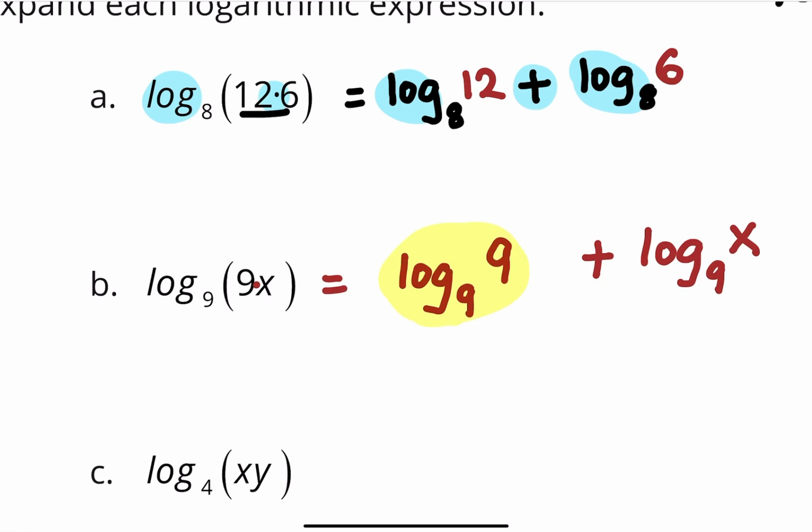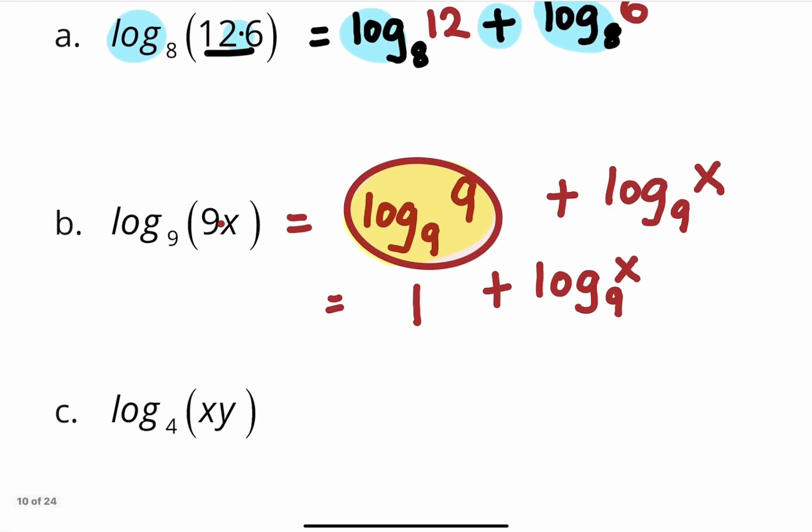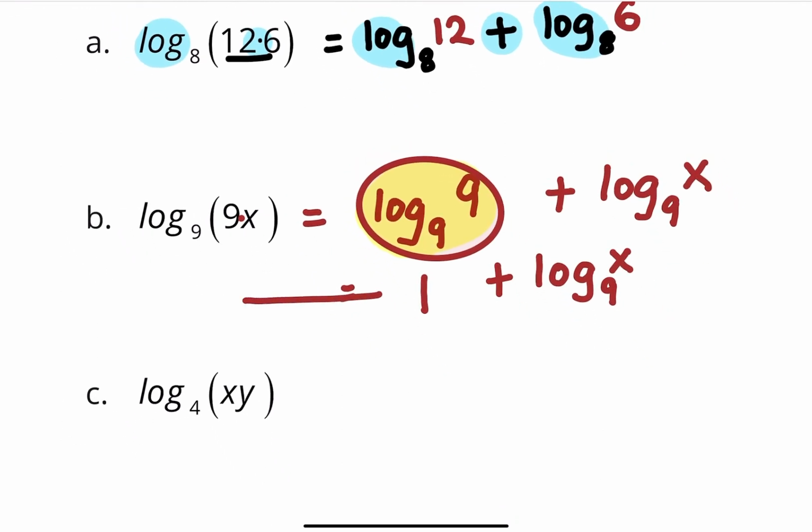Go ahead, plug this into Desmos and tell me what you get. Log 9 base 9 is 1. Or log a base a is 1. Log 3 base 3 is 1. So when you see something like this, it has to be simplified. And this should be your final answer.